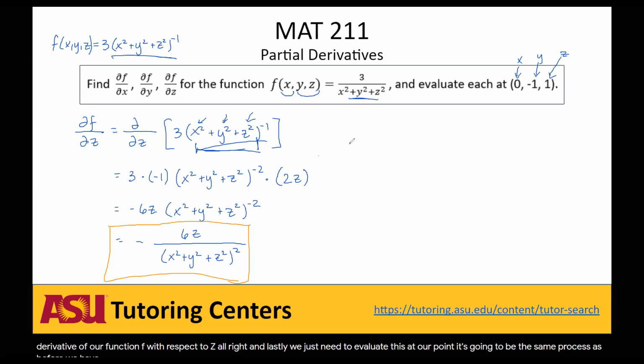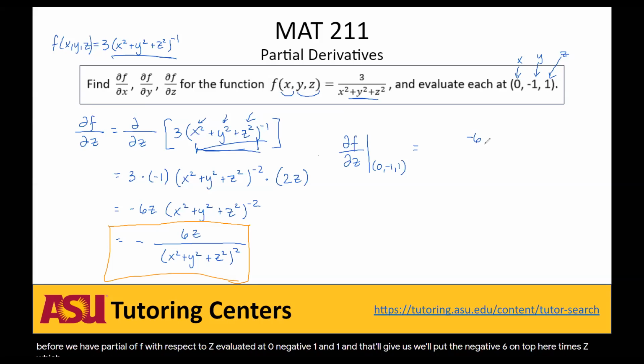We have partial of f with respect to z evaluated at 0, negative 1, and 1. And that'll give us, we'll put the negative 6 on top here, times z, which is 1, all over.